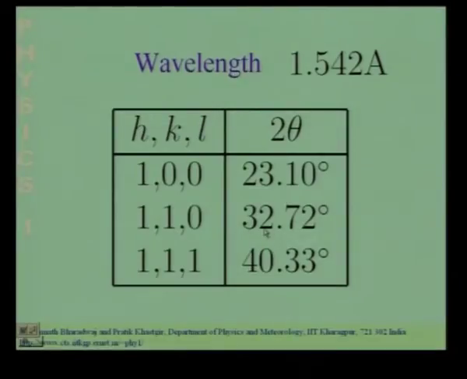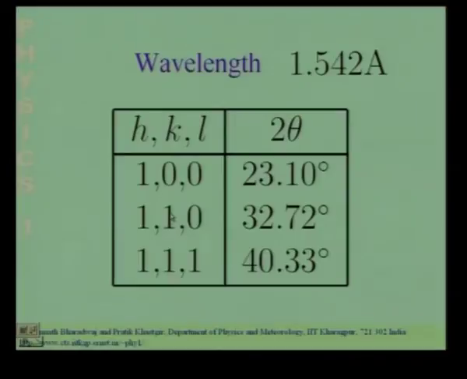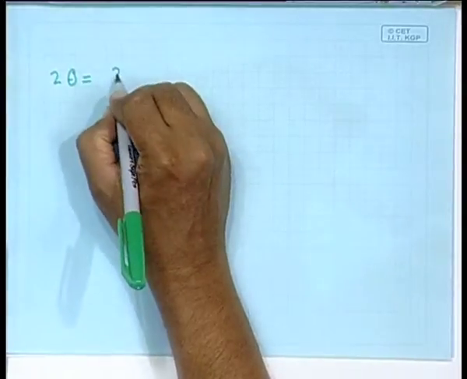Now, let us check if this gives us consistent results for the next intensity maxima. The next intensity maxima is found at an angle 2 theta equal to 32.72. So, let us check this.